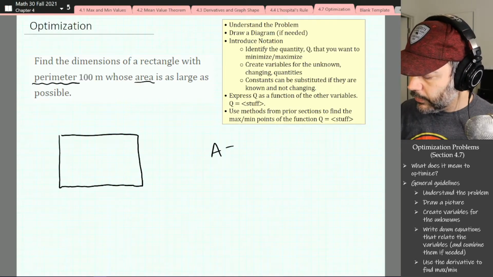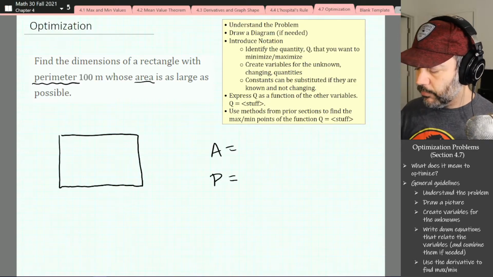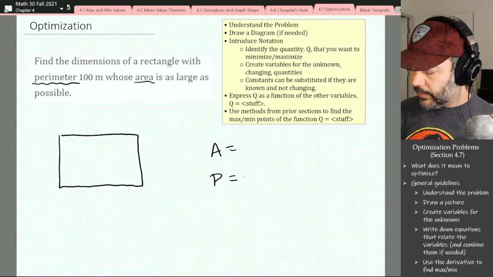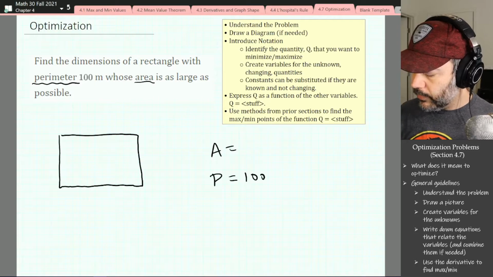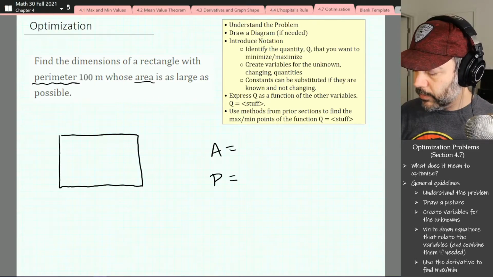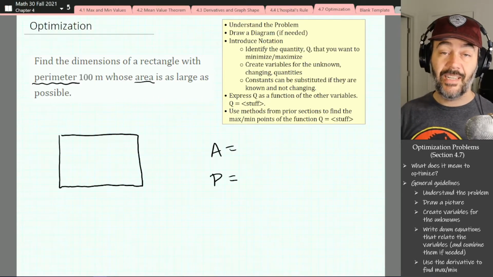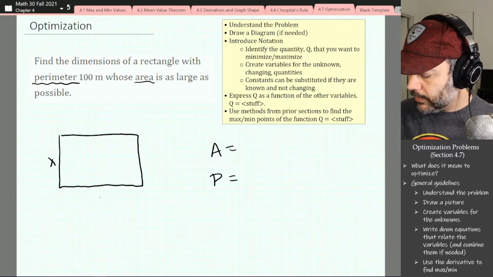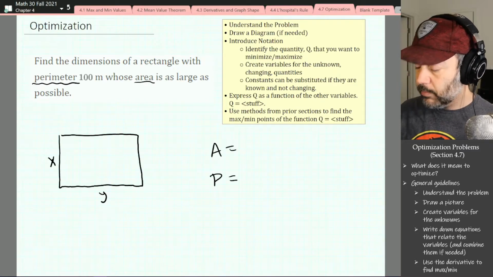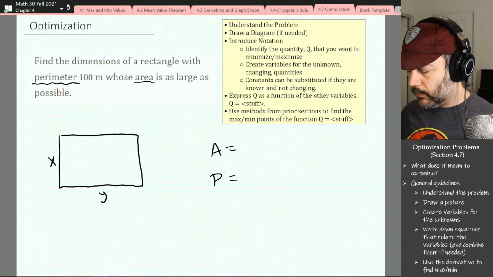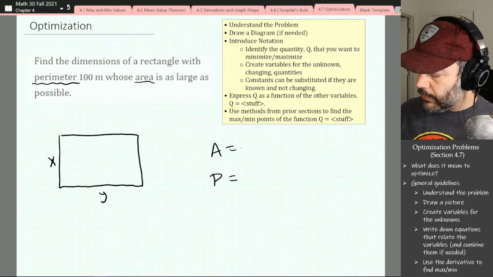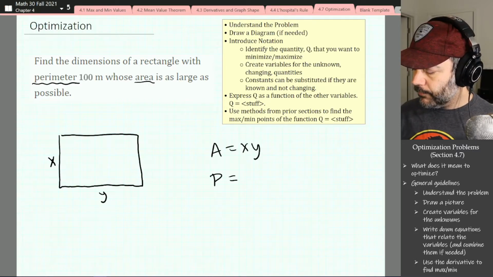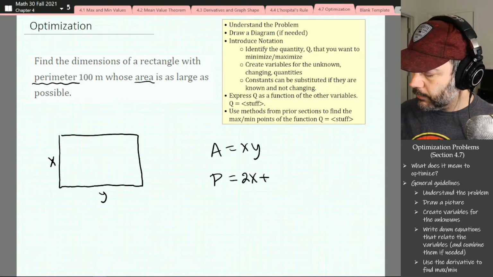Well, we definitely need an equation for area and an equation for perimeter. I clearly need to give my sides variables, and it's a rectangle, so we don't know if the sides are the same or not. Remember, a square is a special case of a rectangle, but I'll label it that way. So the area is x times y, and the perimeter is 2x plus 2y.